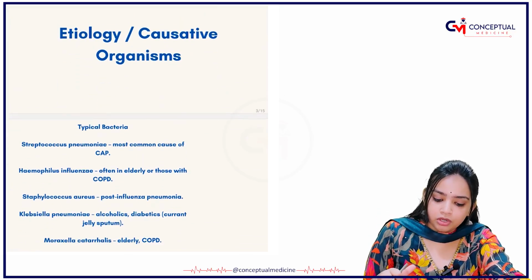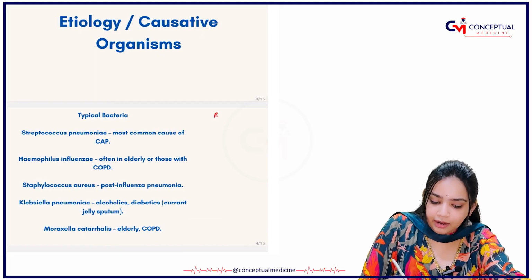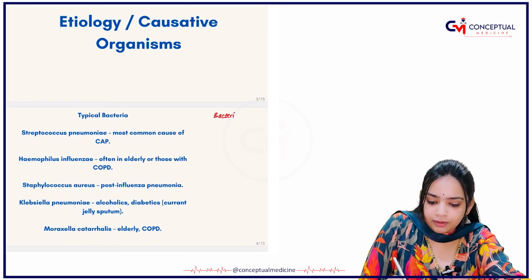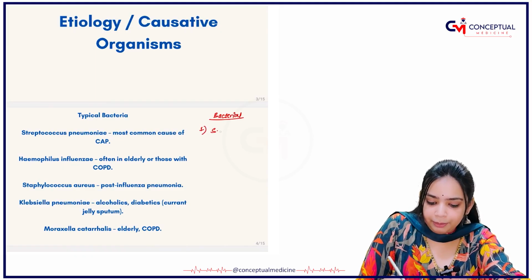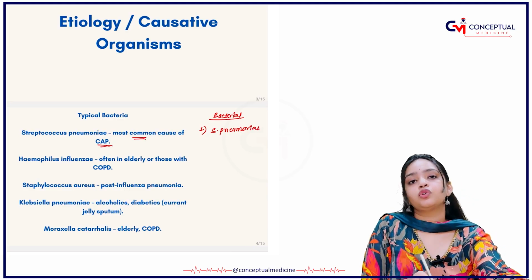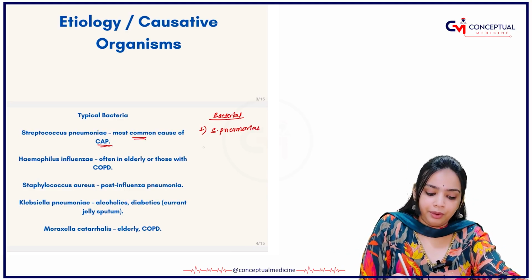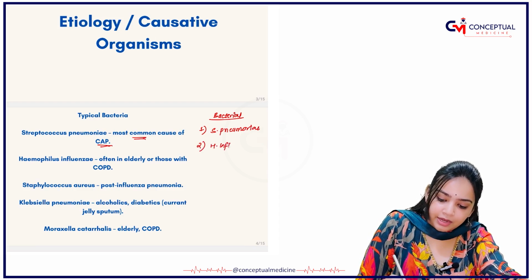So what is the etiology and the causes? You have the typical bacterial causes. What are they? First you have Streptococcus pneumoniae, and it is the most common cause of community acquired pneumonia. Second you have Haemophilus influenzae.